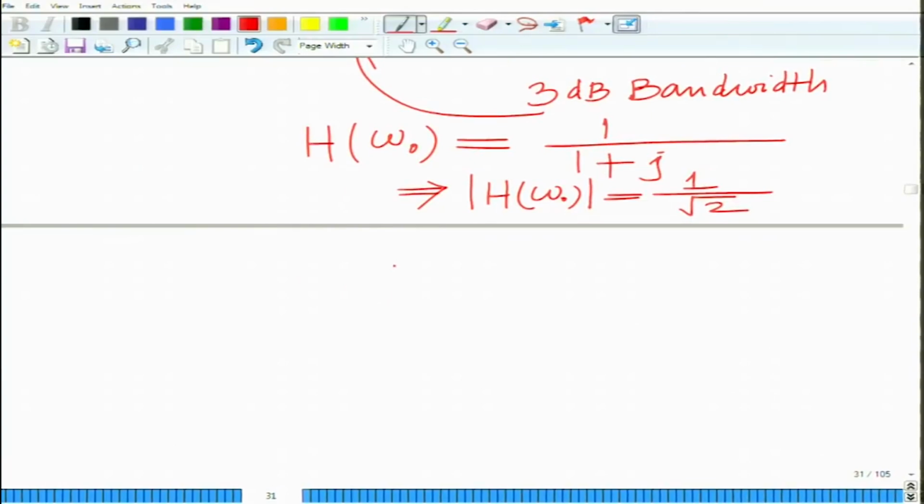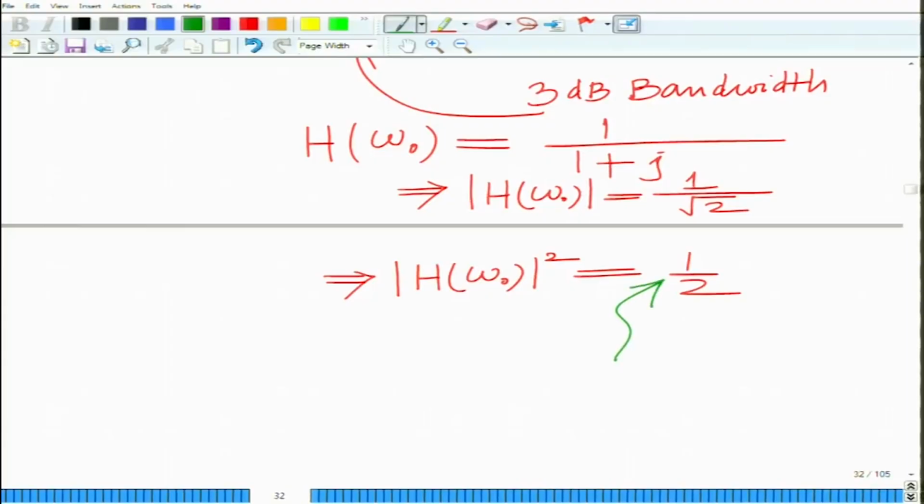Therefore, magnitude H of omega naught squared equals half. So the output power is half at that frequency, which corresponds to a 3 dB suppression in the power of the signal input to this RC filter.